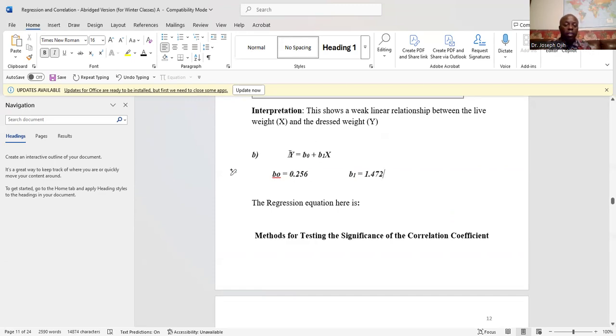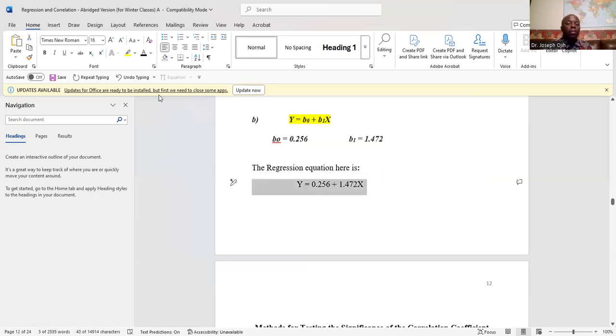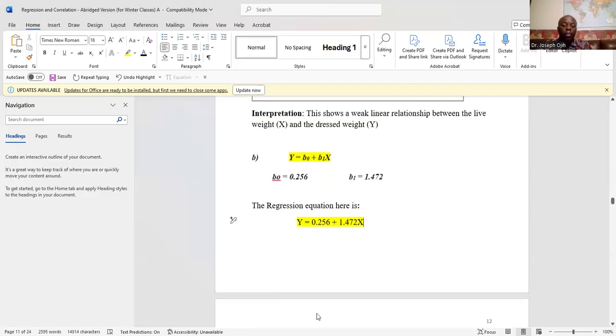If we put this in this formula here, we get our regression equation as y equals 0.256 plus 1.472x. That's our regression equation right there. Okay. Now, any questions so far, guys? Any question?